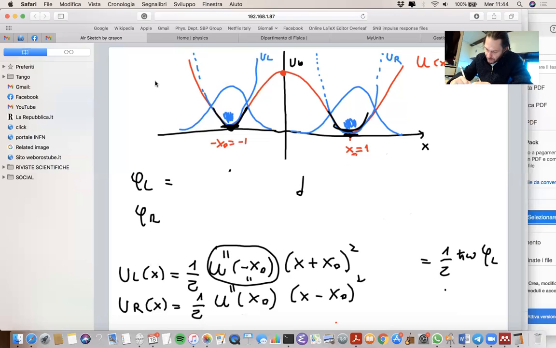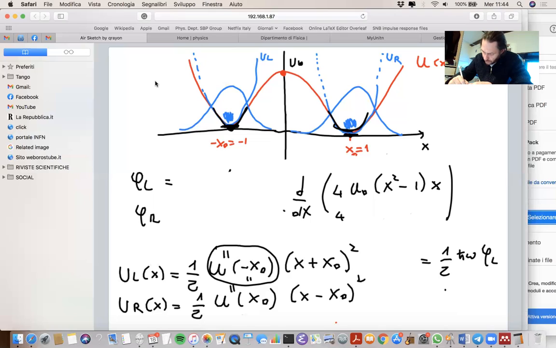Let me compute this for a moment. The first derivative is going to be 2 x naught (x squared minus 1) times 2x, that is 4 x naught x (x squared minus 1). And when you act with a second derivative, you can act on both terms.